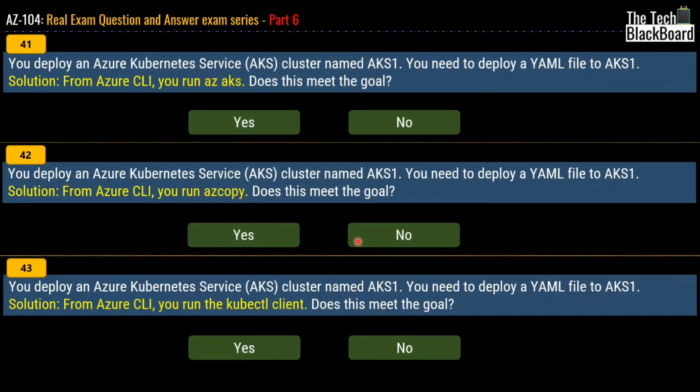So as we saw on the Microsoft documentation, the correct answer for this business case is presented in question number 43, and that is from Azure CLI, you run the kubectl client. So that's a yes for question number 43. And then of course, the other two questions are no. I will give the link for that Microsoft documentation in the description box. It's a very interesting application and you must try it before you get started on Azure Kubernetes service.